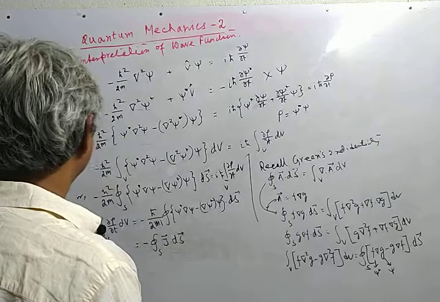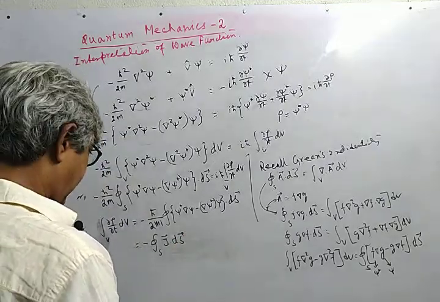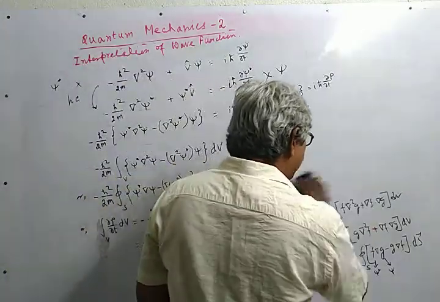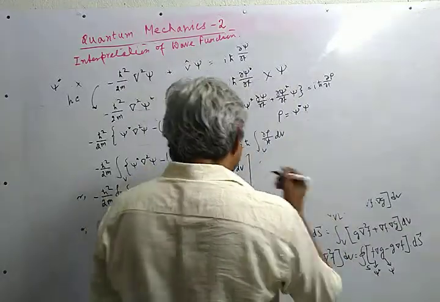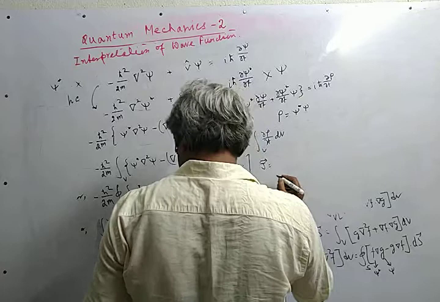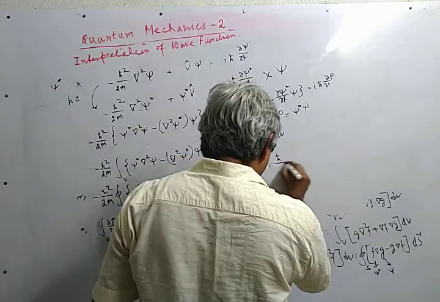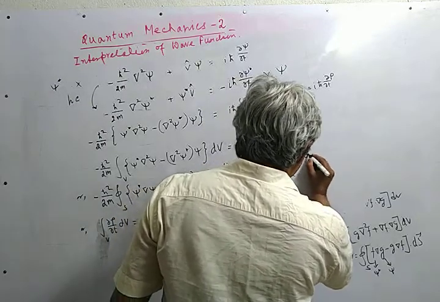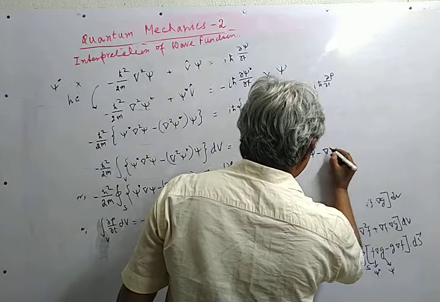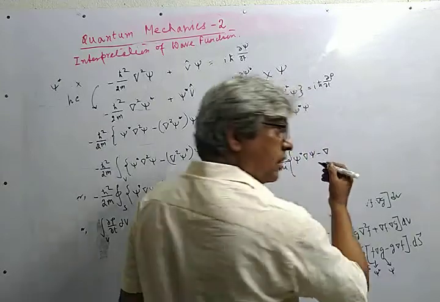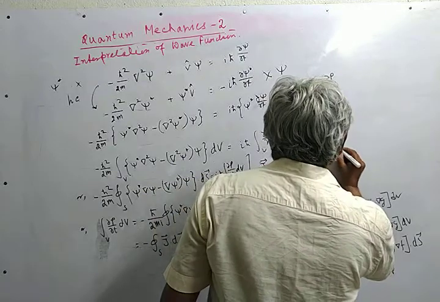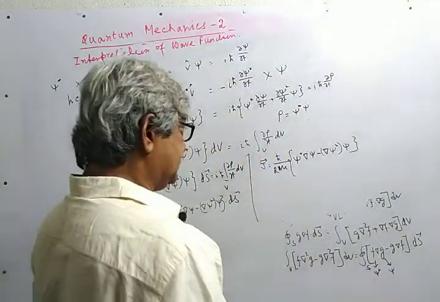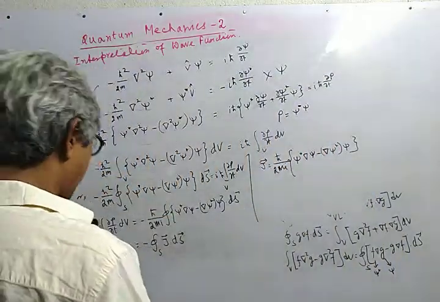this we write as, and in doing this we have introduced a quantity J, called the probability current density, and J is defined as H line by 2mi psi star, this is a vector quantity, in the sense of probability.